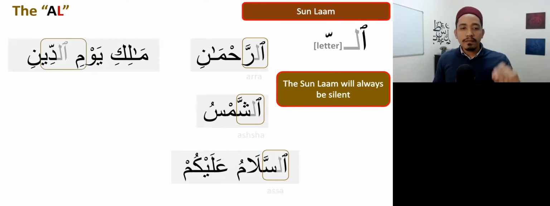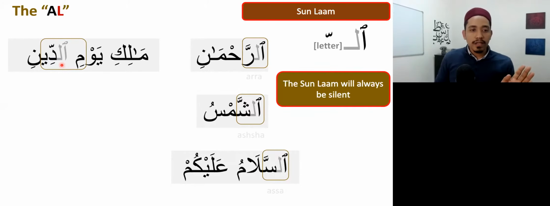Here we go. Maliki yawmiddin. Now this is in the middle of a sentence, so the connecting hamza firstly is gone. Remember we said that when the connecting hamza comes in the middle of a sentence, when it's not the first letter, skip. Okay, let's move to the lam. This lam has nothing on it, no sukoon.